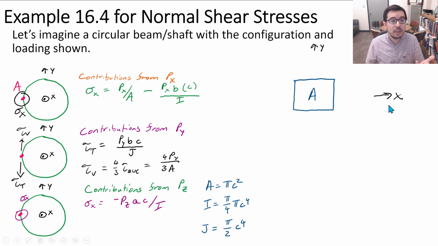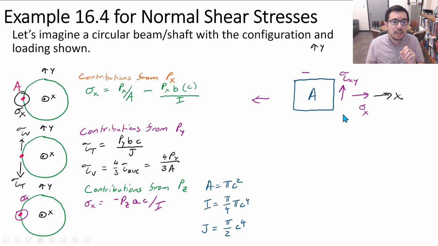Well, we have X, we have Y, and we said we had sigma X, this stress coming out like here, and then we had some shear stresses in the Y direction. We have a sigma X in the negative direction. So I've got variables here, I don't have numbers. I'm just going to draw sigma X like you see here, and I'm going to draw tau xy using the positive convention.